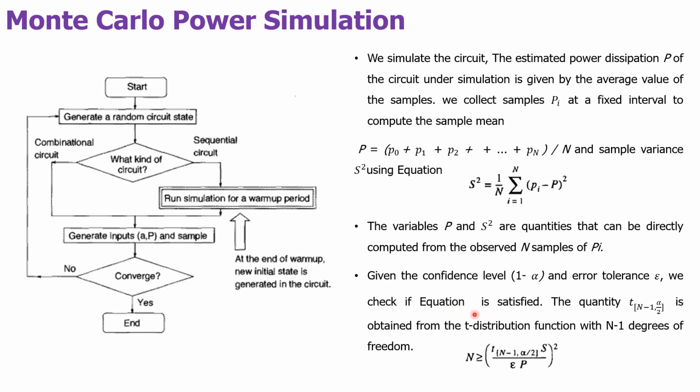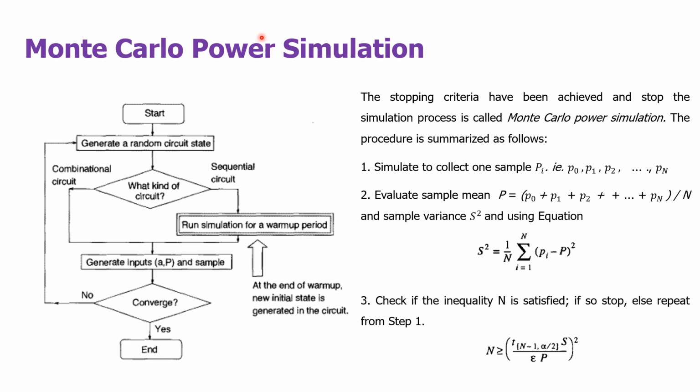The quantity t of n minus 1, alpha by 2 is obtained from the t distribution function with n minus 1 degrees of freedom. So n must be greater than or equal to t(n-1, alpha/2) times S divided by epsilon times P. If this is satisfied, the stopping criterion has been achieved, and the simulation process is called Monte Carlo power simulation.